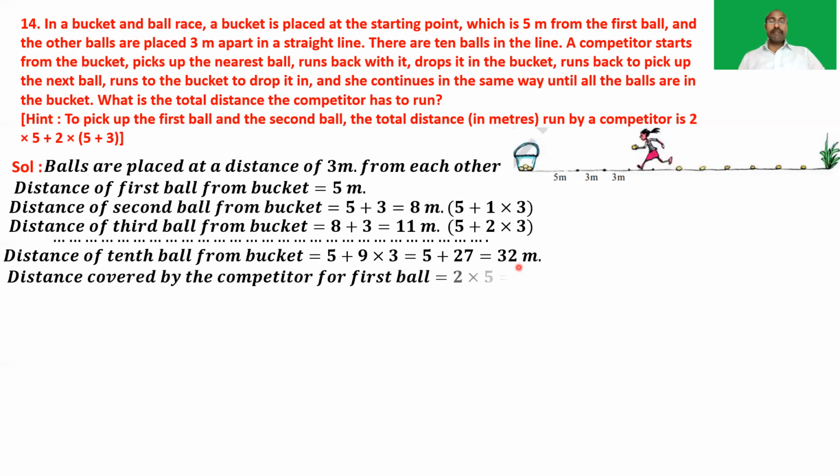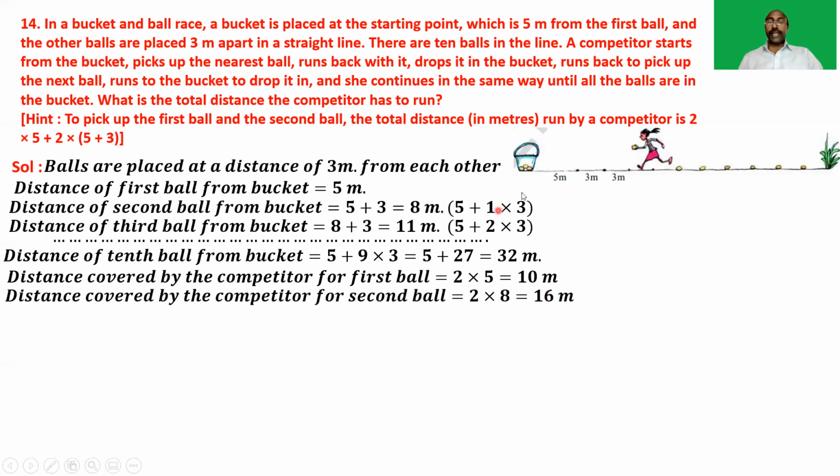And the distance covered by the competitor for the first ball, that is to pick it and drop it in the bucket, is 2 into 5, which is equal to 10 meters. And the distance covered by the competitor for the second ball is 2 into 8, so to run from bucket to ball and ball to bucket, 8 plus 8, 16.